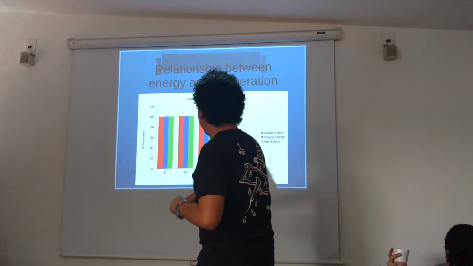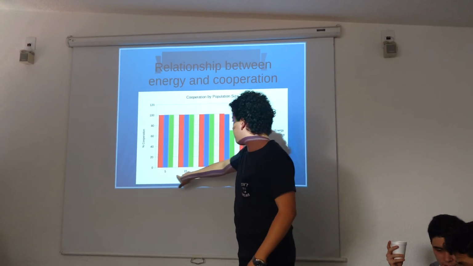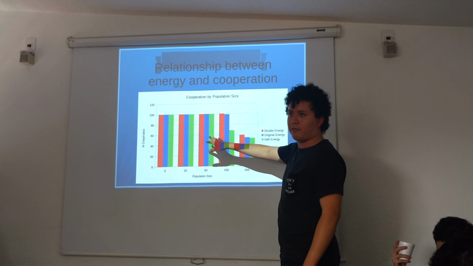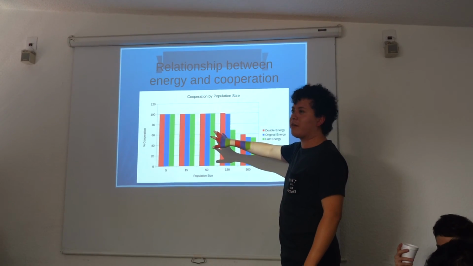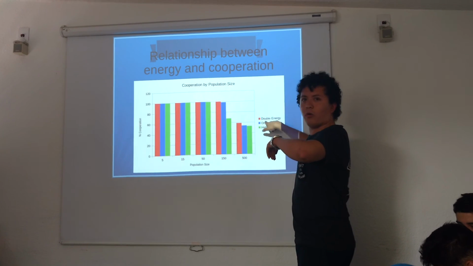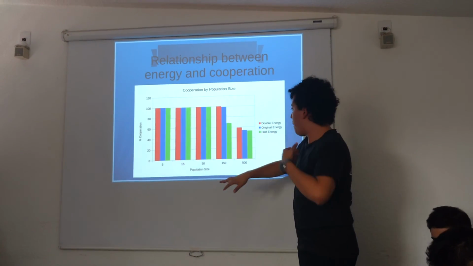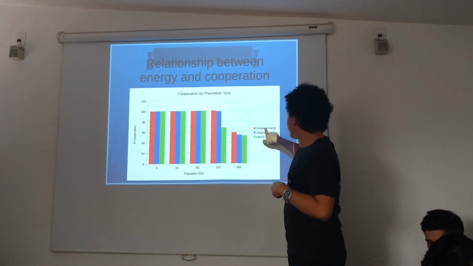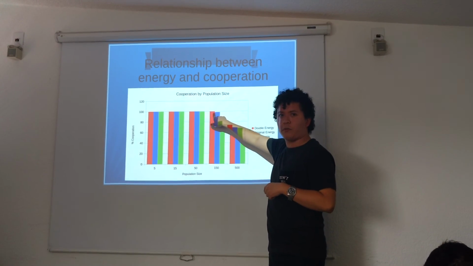For example, in the populations of 5, 15 and 50 nodes, it doesn't matter if the energy is at half or double. But for example, in 150, that is the number, with double energy, all the nodes converge.